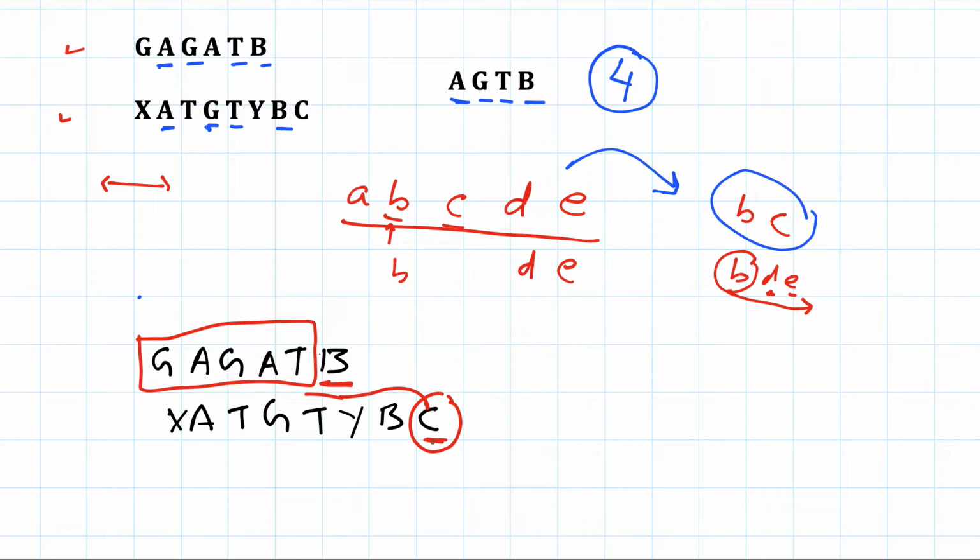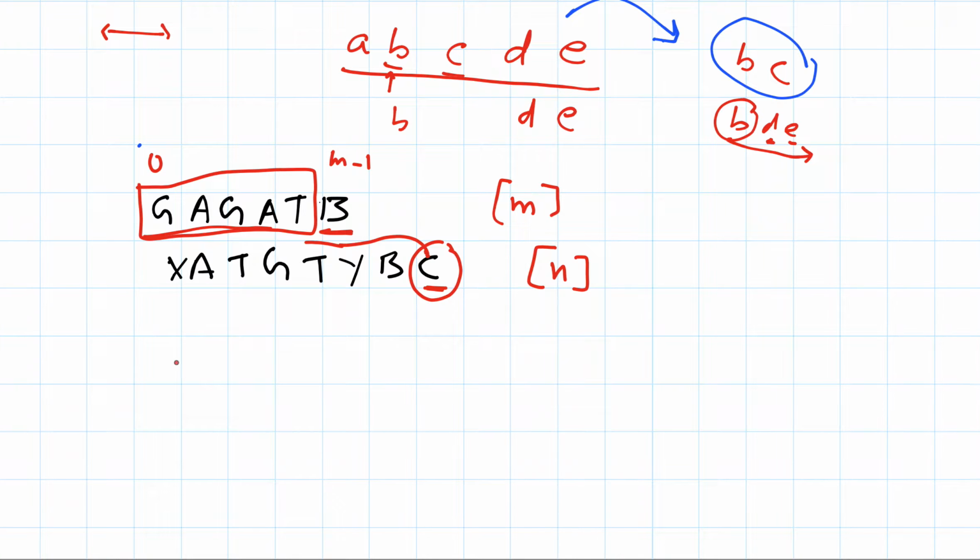So if C is part of the final subsequence, then it has to match some character from this part of the string. If its length is M and its length is N, and the string starts from 0 to M minus 1, then we can solve the same problem.